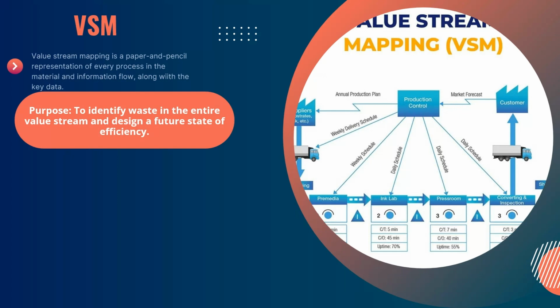So the information is sent to the supplier. On the bottom end, you could see that there are processes, that is transportation of material. So from right to left, you have your information being transferred, and on the bottom end, from left to right, you can see the material is being transferred. So in this way, VSM works.